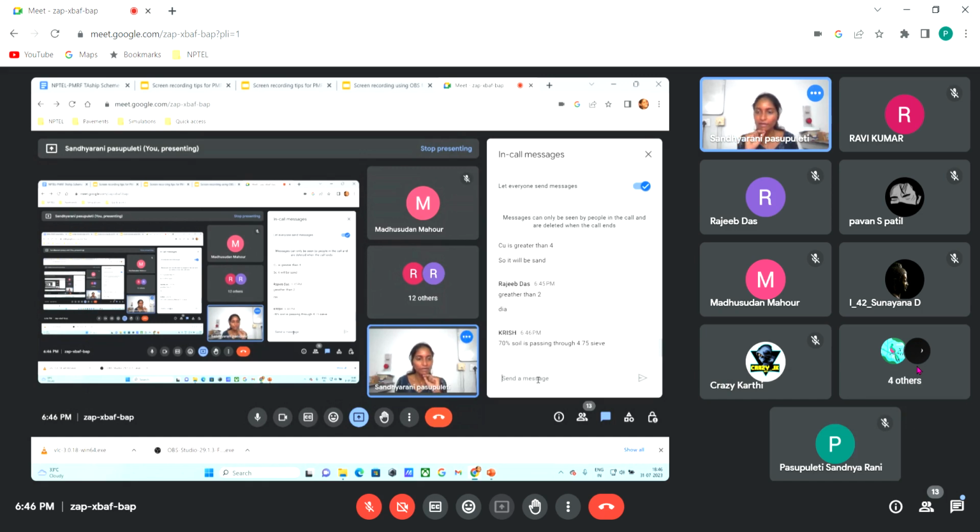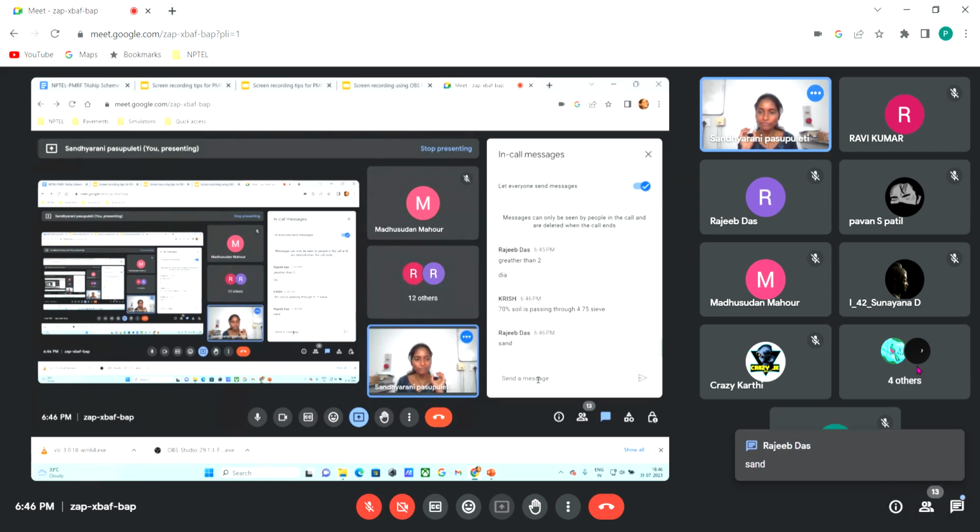So let us answer one question. 4.75 sieve, is it a representation of gravel or sand? Because in the soil classification, sand, okay, then what is a 75 micron sieve?